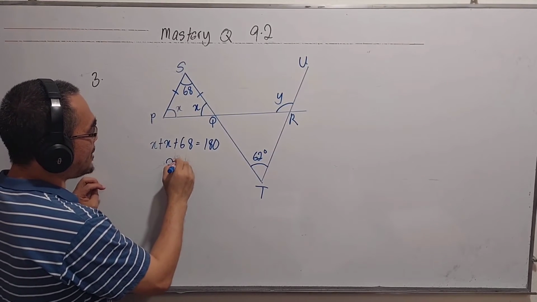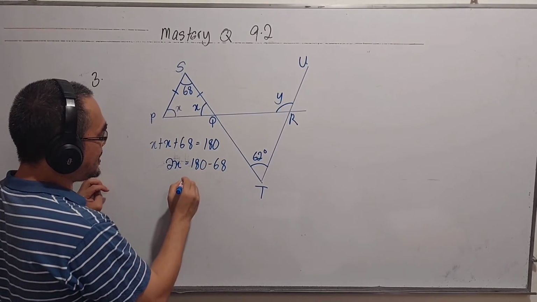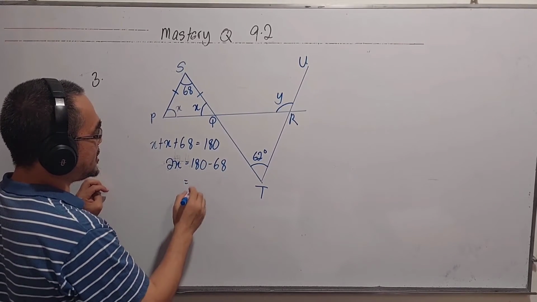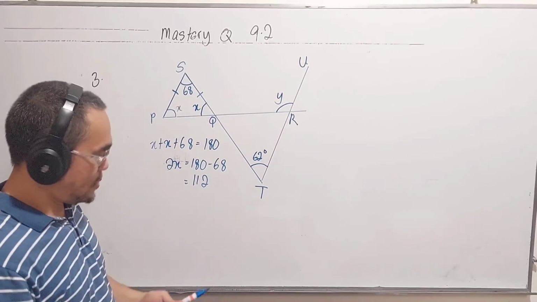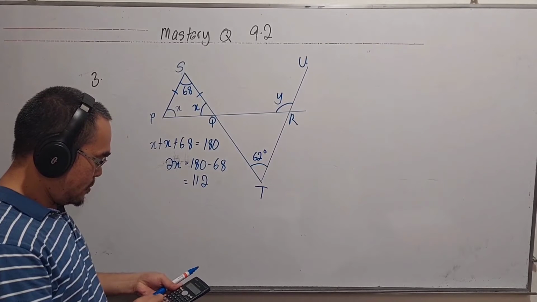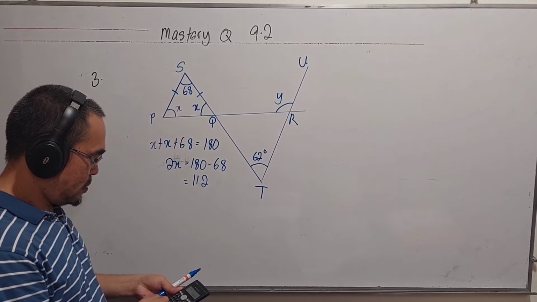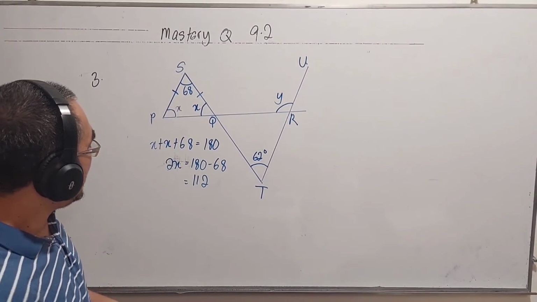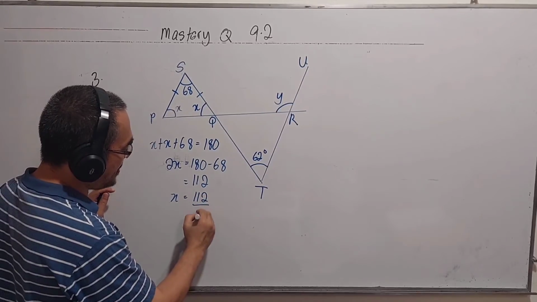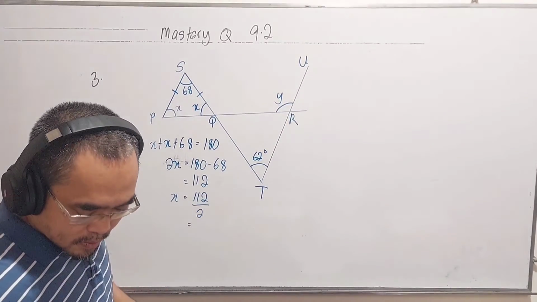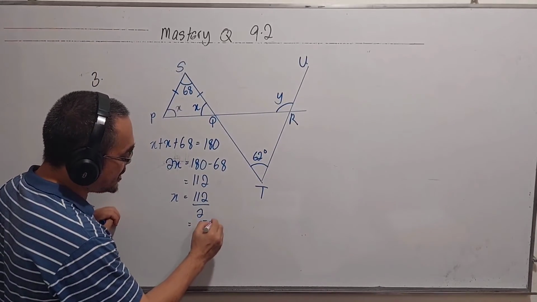So we have 2x is equals to 180 minus 68, which is 112. And then X will be 112 divided by 2, equals to 56 degrees.